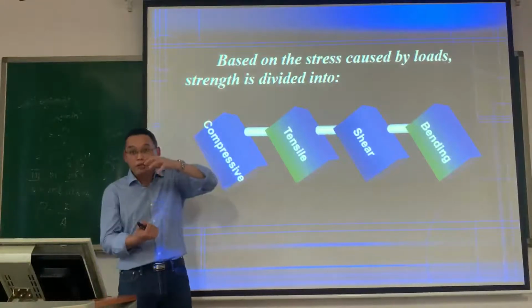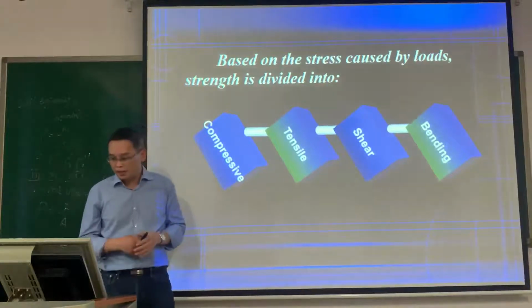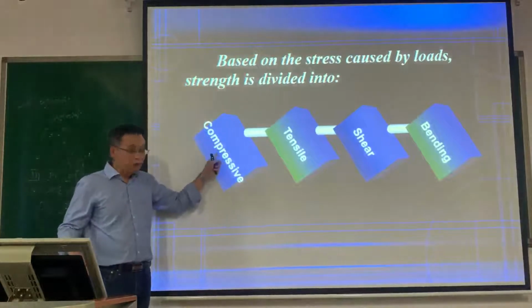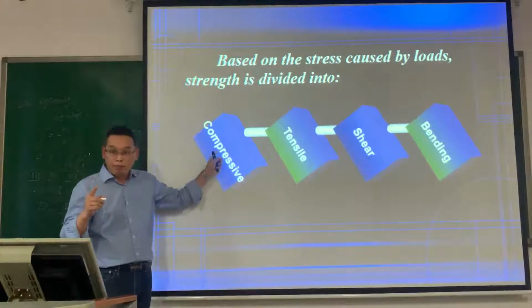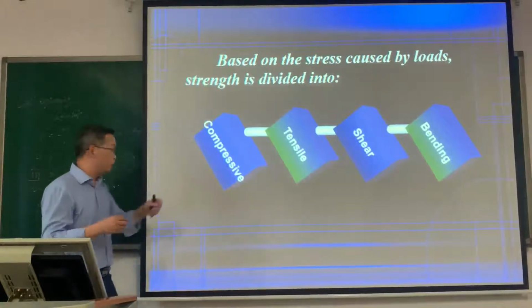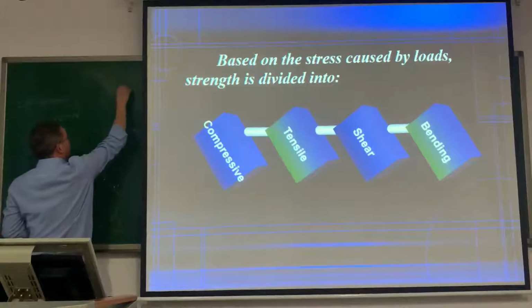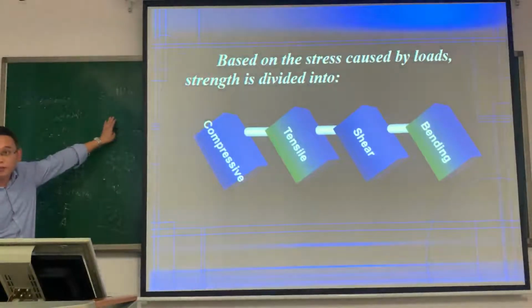The compressive strength is the biggest. For example, for one kind of concrete, the compressive strength may be 50.